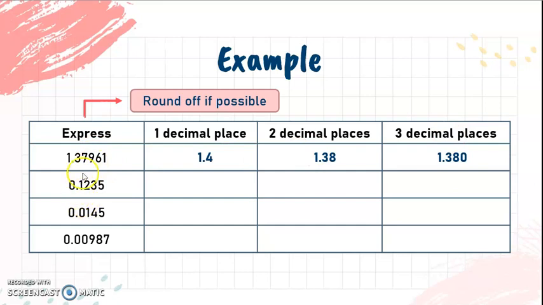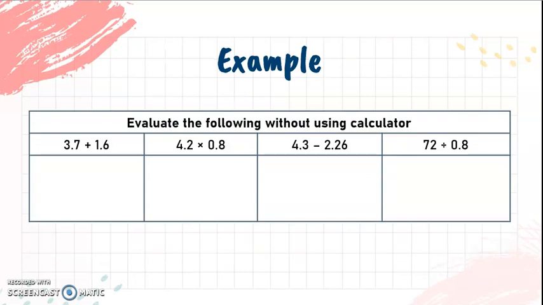So the next three numbers here, I want you to express these numbers to one, two, and also three decimal places. Okay, so the next example is evaluate the following without the use of a calculator. Okay, so how do we evaluate decimal numbers that involve operations such as additions, multiplication, subtraction, and divisions?